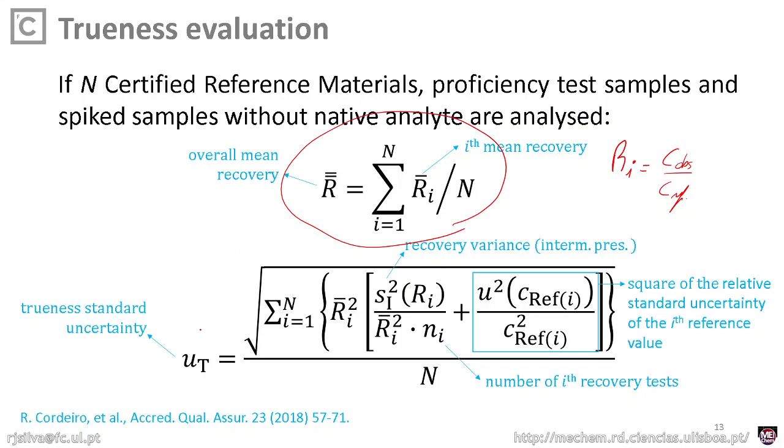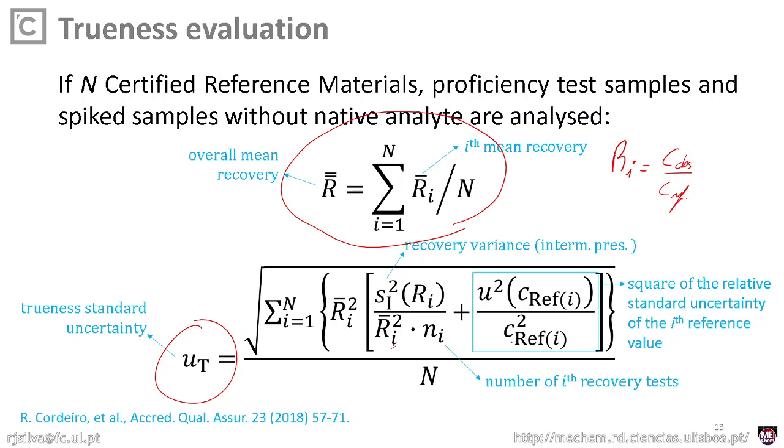you just need to know the standard uncertainty associated with the overall mean recovery, or the trueness standard uncertainty. That will be the ratio between the square root of the sum of the square of the mean recovery for each reference material times the variance of the recovery observed from the analysis of each material divided by the square of the mean recovery observed for that material, number of recovery tests, and then for each material we should also have the square of the relative standard uncertainty of the reference value.